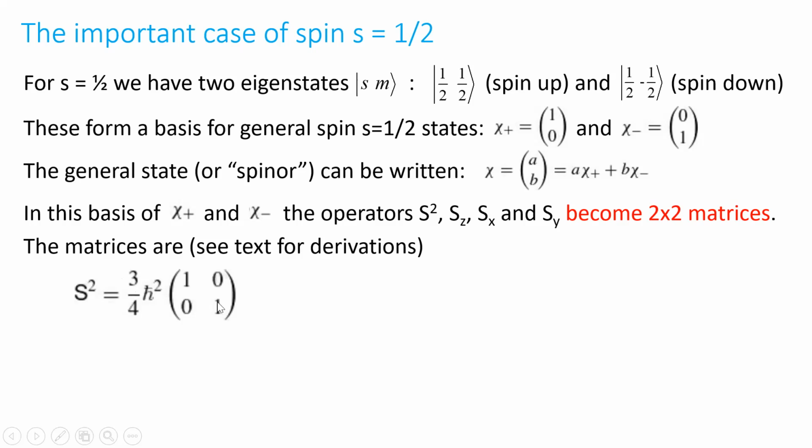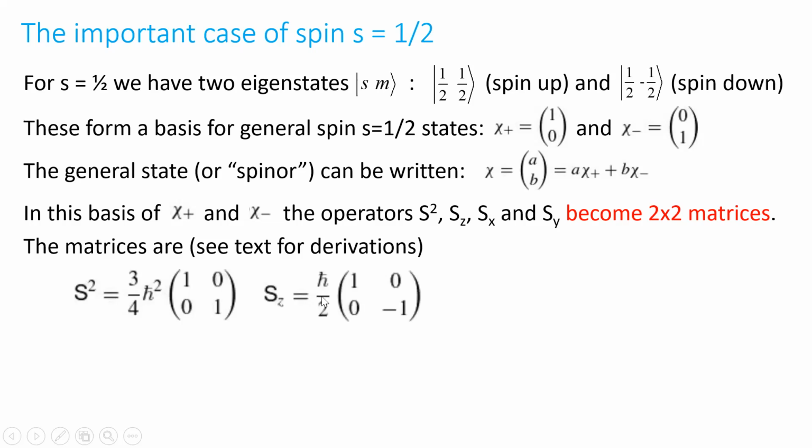And the same thing for spin down, because that has the same s value of 1/2: 1/2 times 3/2 is 3/4 times h bar squared. So this is the 2 by 2 matrix representing S squared.